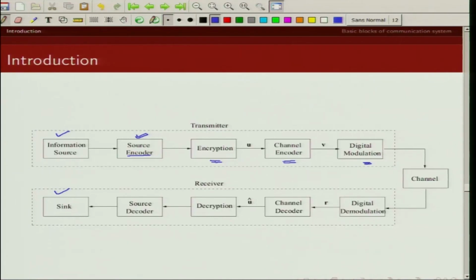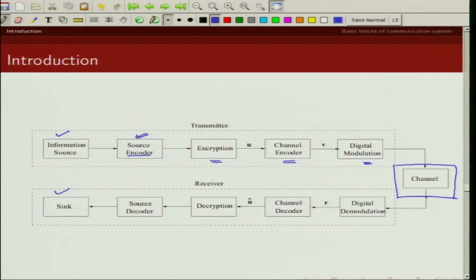You want to transmit those bits over a communication channel, so you do modulation. Once you modulate this signal, the signal passes through your transmission medium, which is the channel. Again we will spend some time in this course characterizing the capacity of this transmission medium.